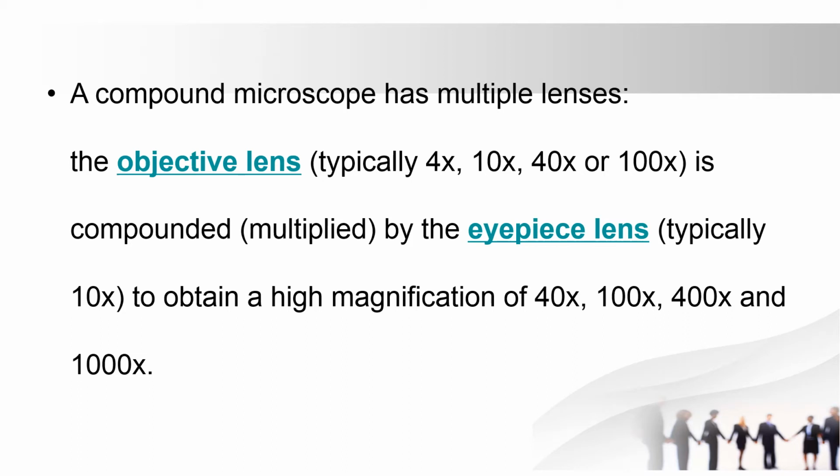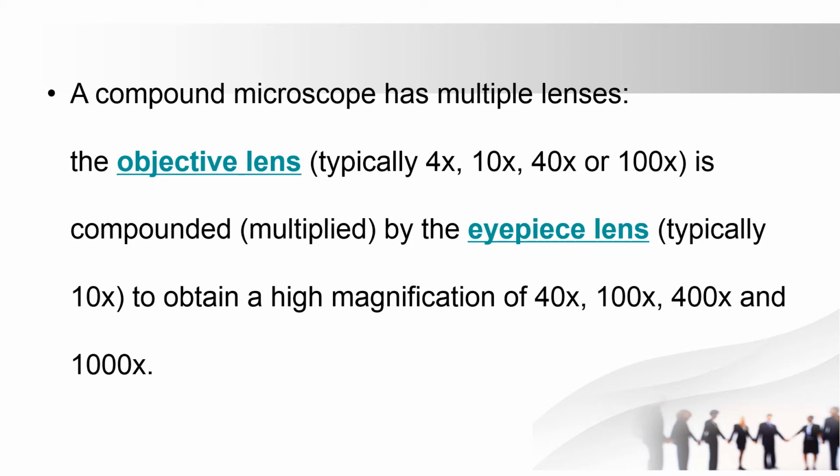For example, usually the eyepiece lens has a magnification of times 10, and the objective lens has its magnification ranging from times 4, times 10, times 40, and then times 100. Now, when you combine the eyepiece lens with a magnification of times 10 with the objective lens with a magnification of times 4, then you'll be obtaining a higher magnification of times 40.